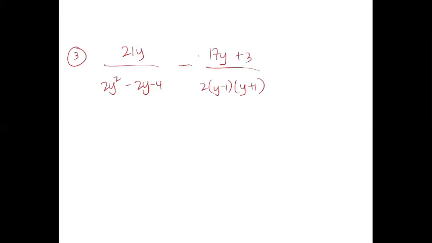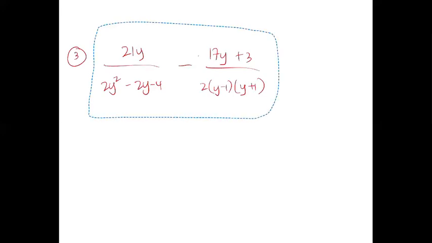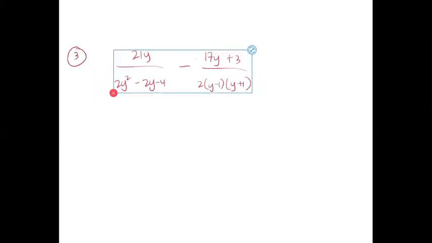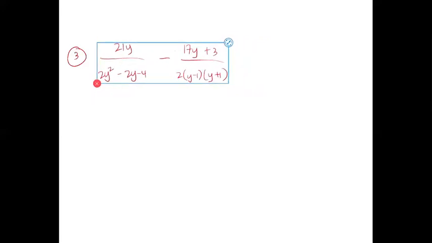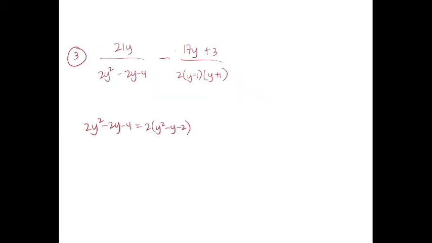In here, we'll do this by looking at the LCD first. So first we factor 2y squared minus 2y minus 4. Obviously, we can factor out 2, so you have 2 times y squared minus y minus 2.